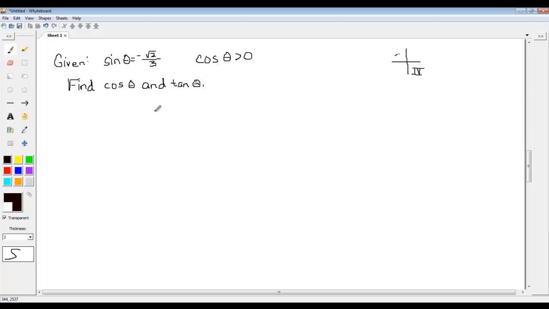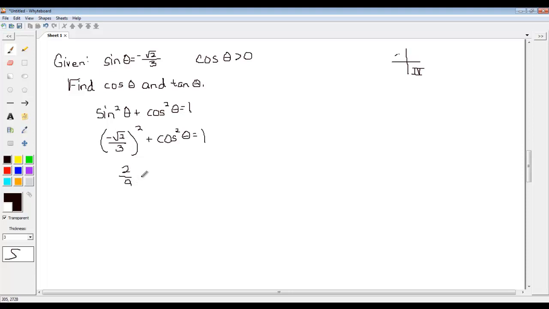Okay, let's start with the fact that sine squared of theta plus cosine squared theta equals 1. That's one of the identities we derived a little bit ago. Well, we know sine here is negative square root of 2 over 3. So that squared plus cosine squared theta equals 1. If we square this, we're going to end up with positive 2 ninths.